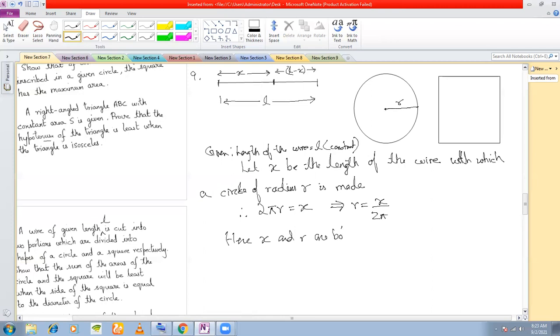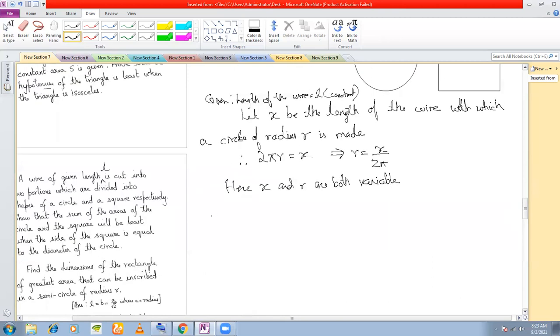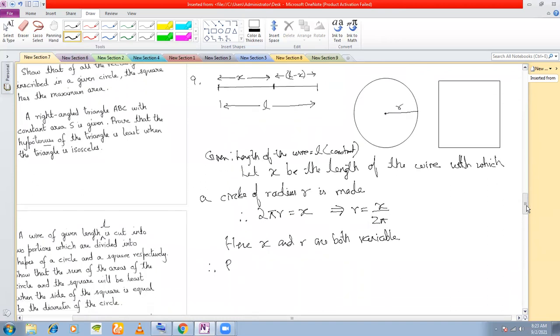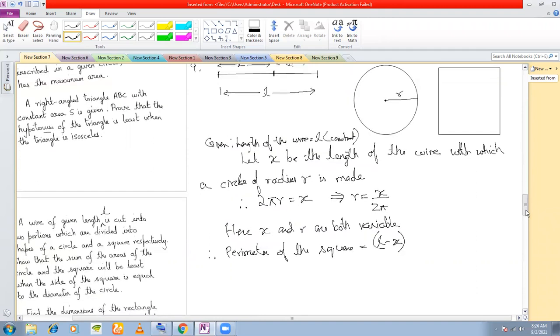Now, if X part is being made to use the circle, as I told you, L minus X must be the perimeter of the square. L minus X is the perimeter of the square. That is, what is each side of the square?